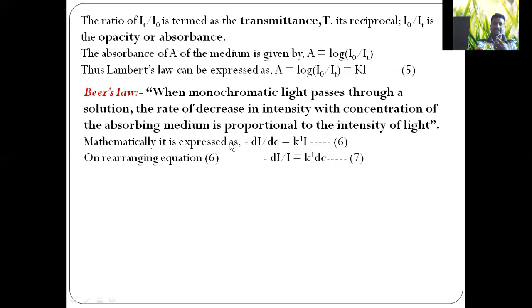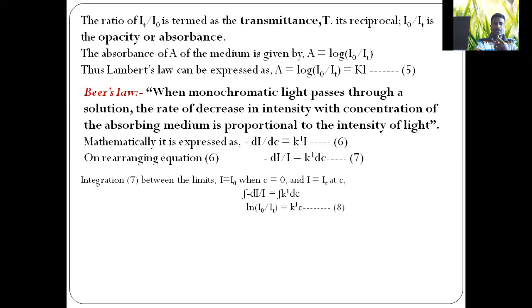So mathematically it is expressed in the same way, minus dI by dC, where dC is the change in concentration, is equal to k dash I, equation number 6. On rearranging this equation 6, we get minus dI by I is equal to k dash dC. This is equation number 7.